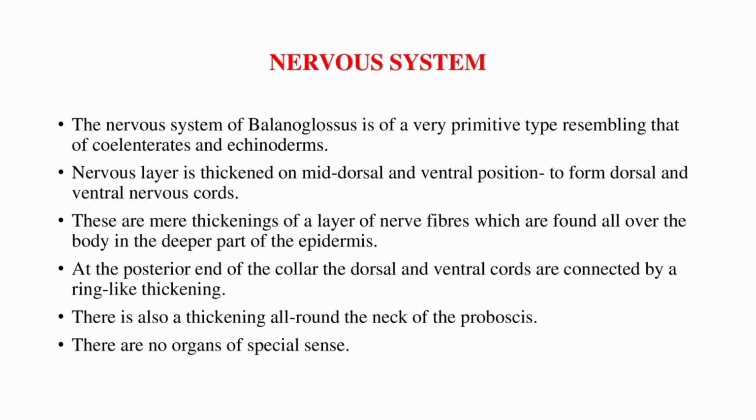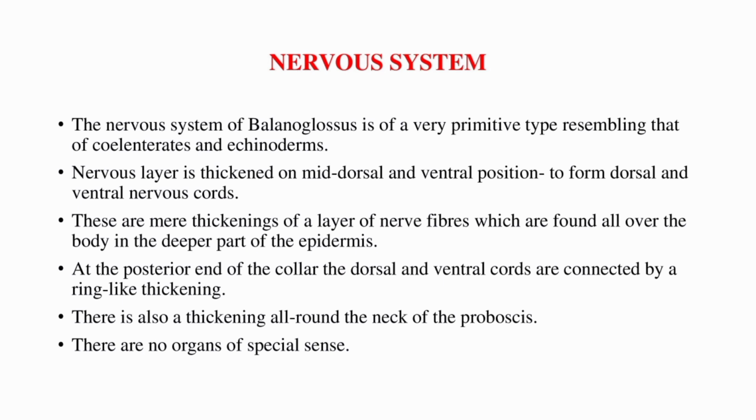Next, nervous system of Balanoglossus. The nervous system of Balanoglossus is of a very primitive type, resembling that of coelenterates and echinoderms. Nervous layer is thickened on mid-dorsal and ventral positions to form dorsal and ventral nerve cords.